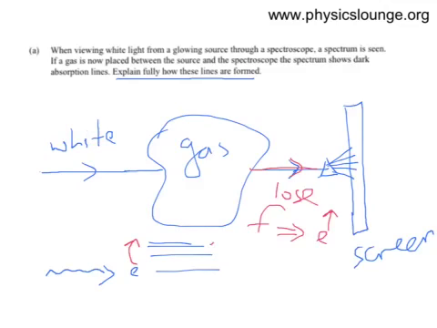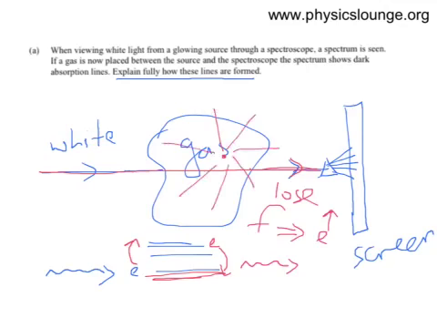But then those electrons will eventually, or maybe instantaneously, fall back down to their natural energy level, emitting some more photons, some electromagnetic radiation. The only problem is, when they emit that radiation, it's not going to be in the same line that it originally went in. It's going to be spreading out in all different directions in 3 dimensions, not just the 2 I've got here.